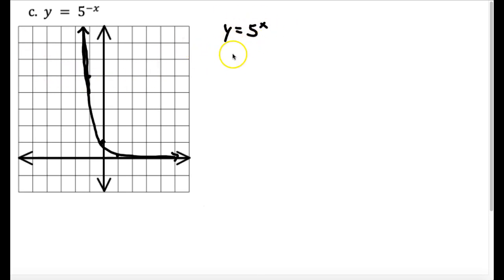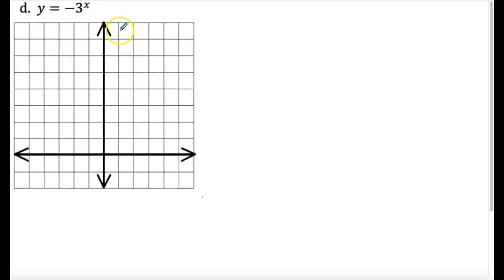So if we're starting at y equals 5 to the x, the only thing I have to do here is make the exponent negative, so that would be take this graph and reflect across the y-axis.